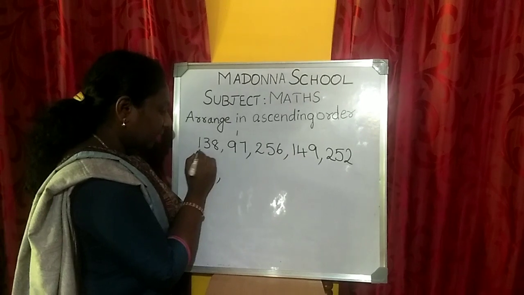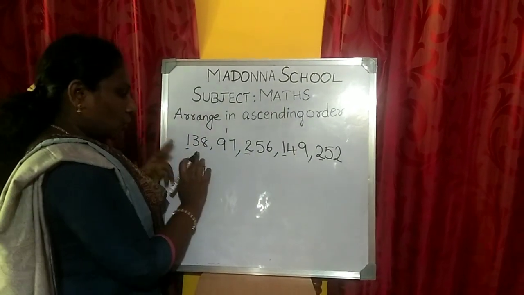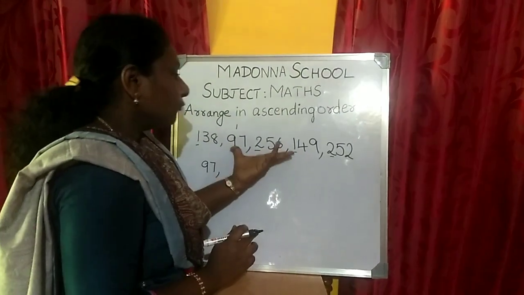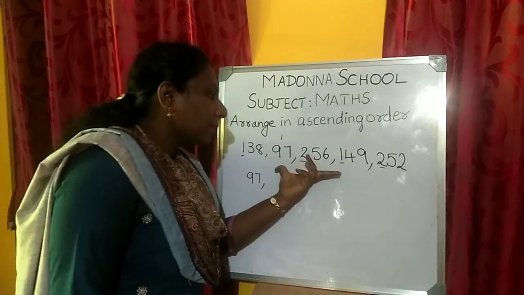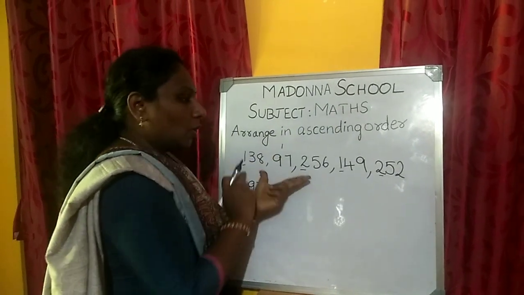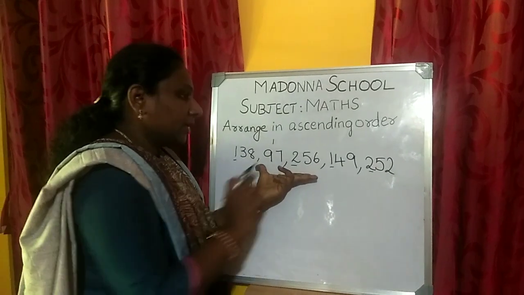You have to compare the first digits. Okay. So we have 1, 2, 1 and 2. Compare 138 and 149. Why am I comparing these two numbers, children? Because 2 is greater than 1. So last we can compare the other two numbers. How can you compare 138 and 149?